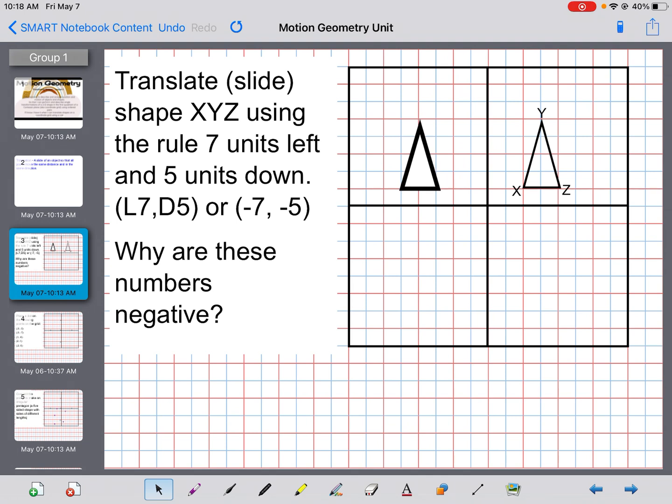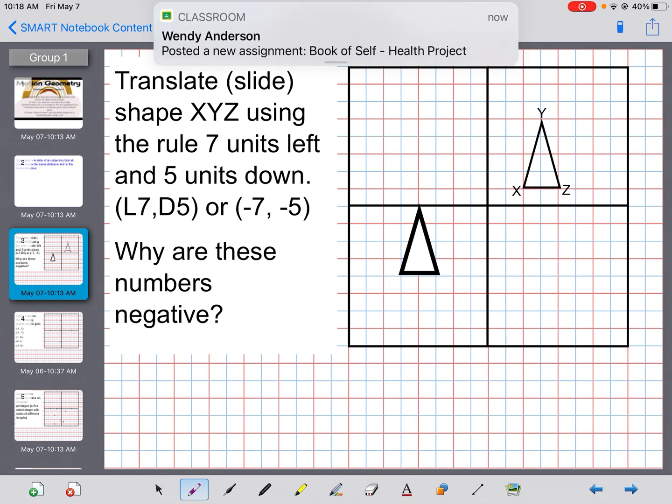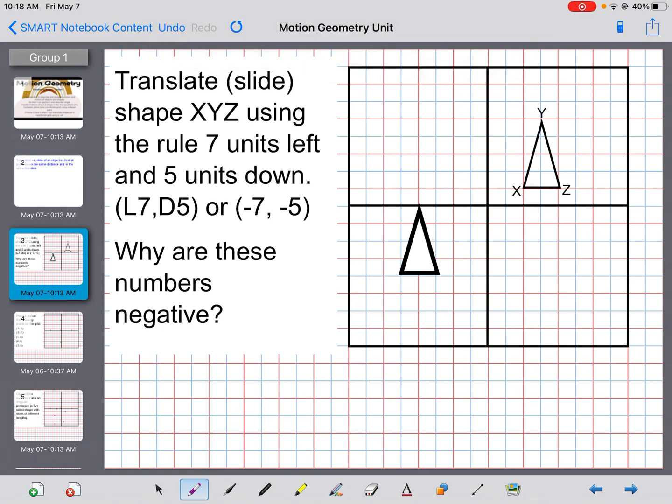It would end up there, and then down 5. So 1, 2, 3, 4, 5. Let's straighten it a little bit. There we go. So my shape XYZ would end up in this location, and I would name it X prime, Y prime, and Z prime.